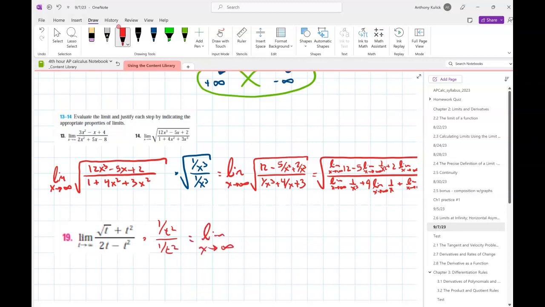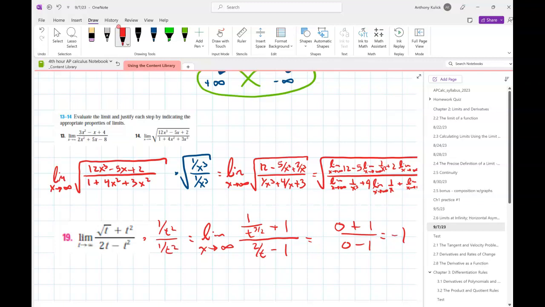Did you rewrite the root of t as t to the 1 over 2? So this would then be t to the 1 over 3/2. And if I do my limit laws, then I did that. I don't know why I didn't do it first.